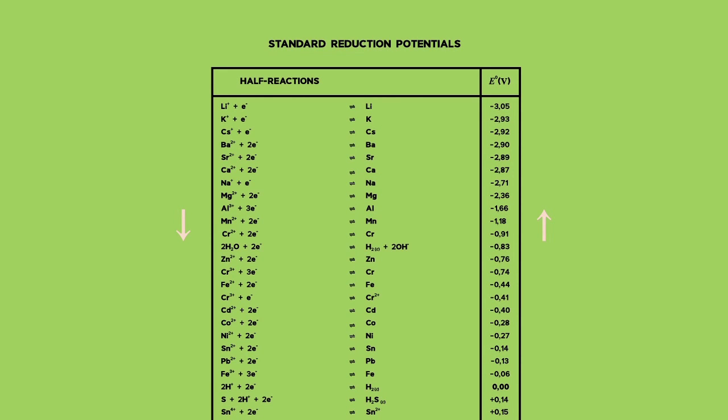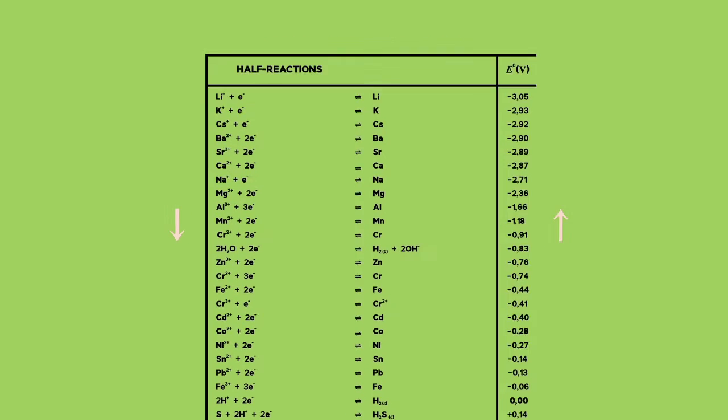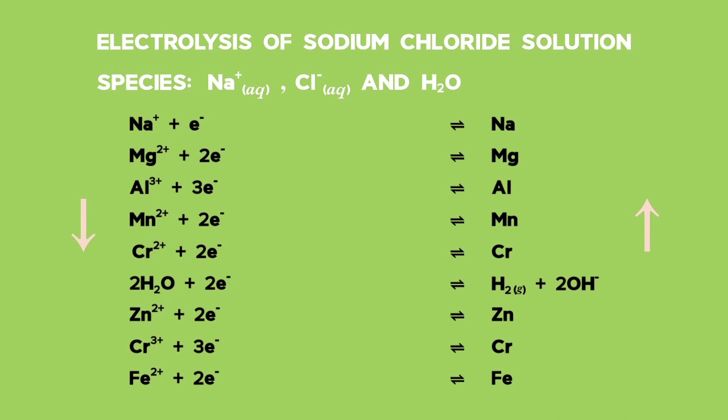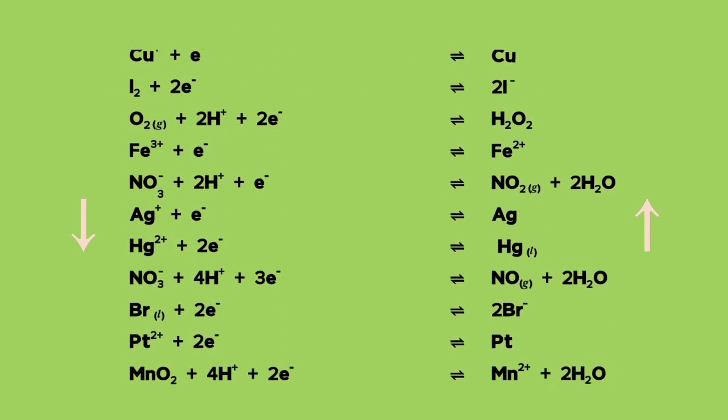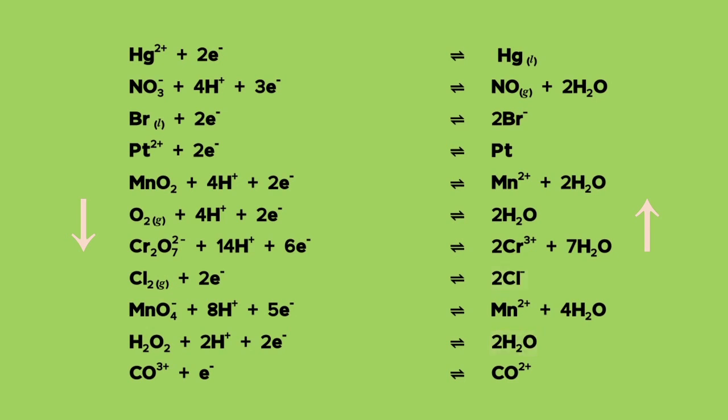There is a particularly important electrolytic reaction that happens in salt water. When we do electrolysis of very concentrated salt water, we find something very unexpected. Look at the table of standard electrode potential when circling the sodium ions, water and chloride ions.